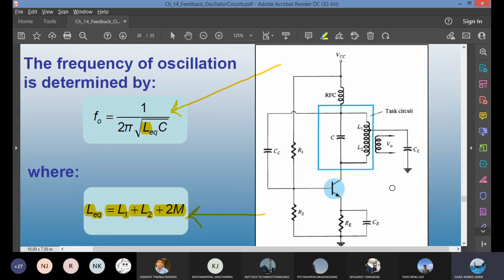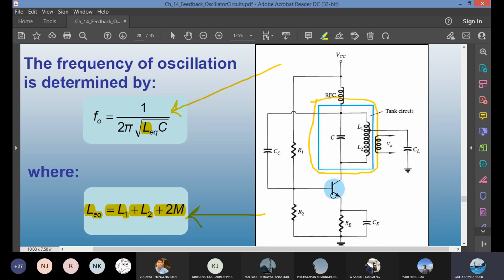This one is a practical example of a tank circuit, also called an LC tank. However, this is the Hartley type, not Colpitts. Where is the tank? Here, the parallel combination of capacitance and inductor. And the top one is the radio frequency coil; we don't use that for calculation. To me, it looks like a voltage divider.